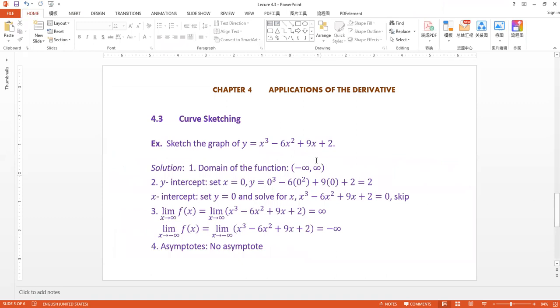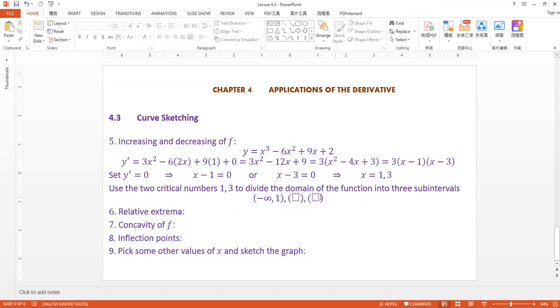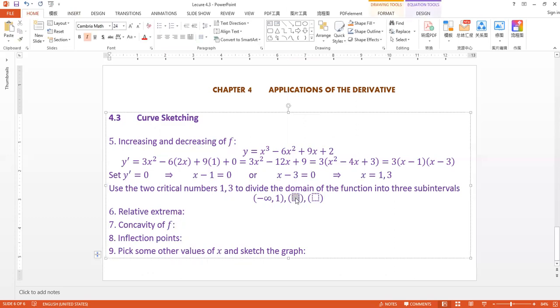These two critical numbers will divide the whole domain into three subintervals. The first subinterval is from negative infinity to 1, the second subinterval from 1 to 3, and the third subinterval from 3 to infinity.